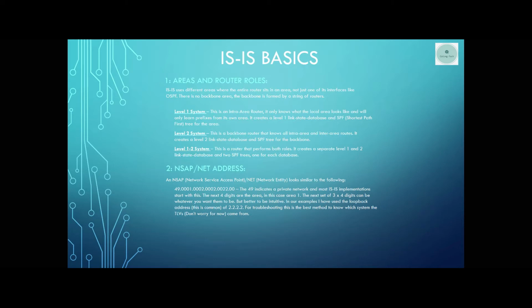Now the next three sets of 4 digits that we've got here are 2222. Again, it has to be 4 digits. What we tend to do is make this intuitive. It can be whatever you want it to be, but it has to be unique to that particular router that you're going to put this on. So in this case, I've taken one of our routers that had the loopback address of 2.2.2.2 and just implemented it into this.